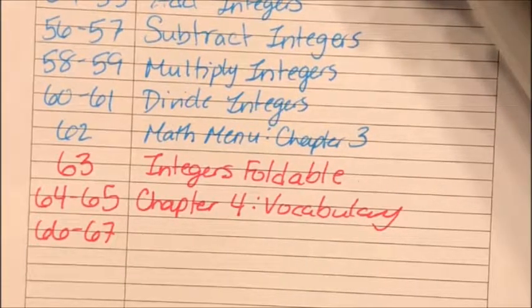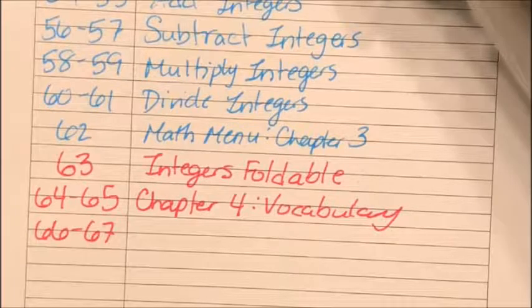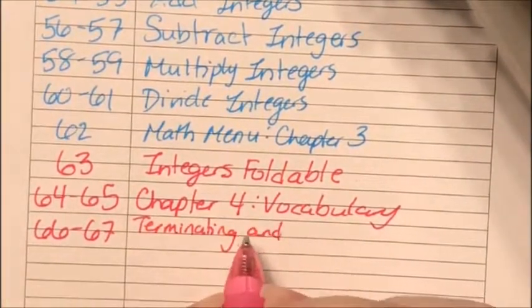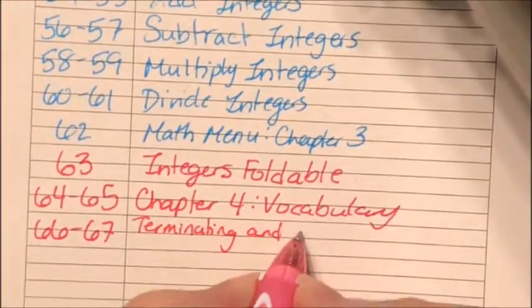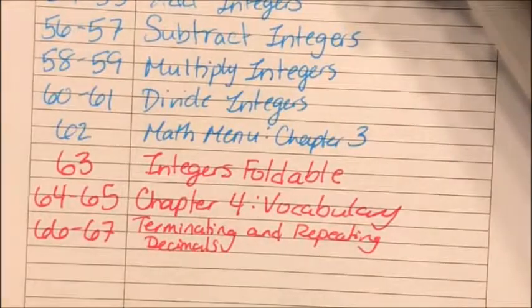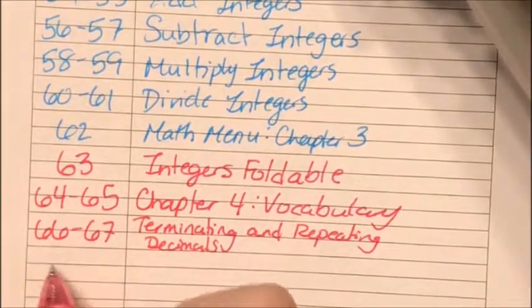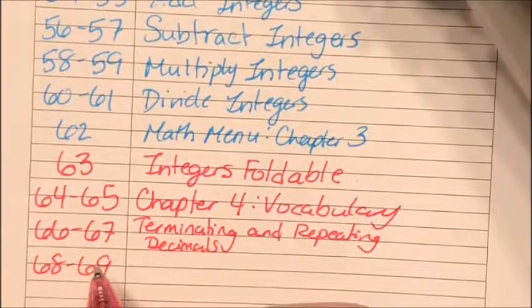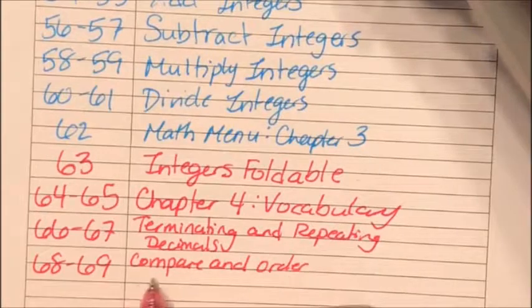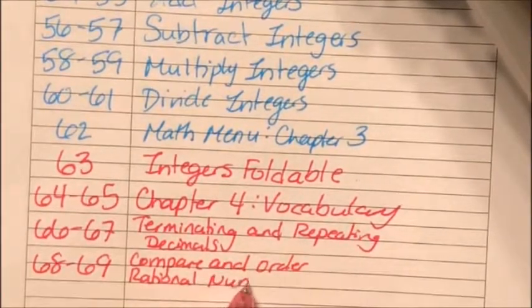66 through 67 was terminating and repeating decimals. 68 through 69 was compare and order rational numbers.